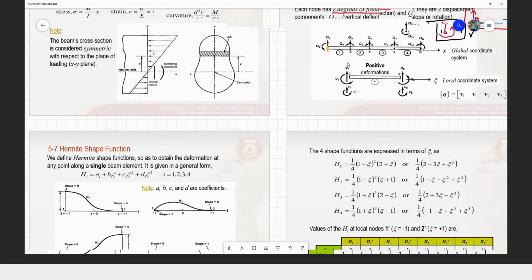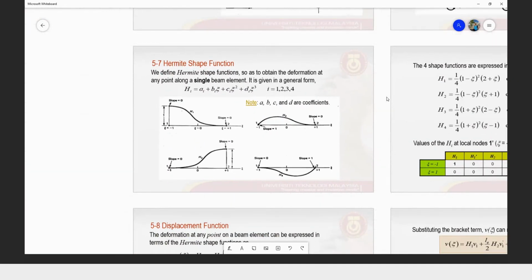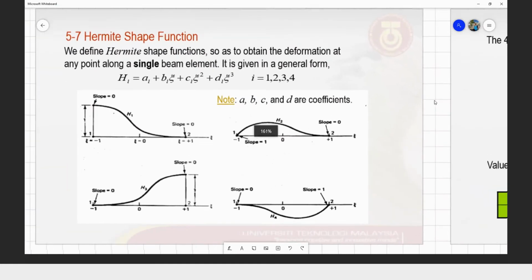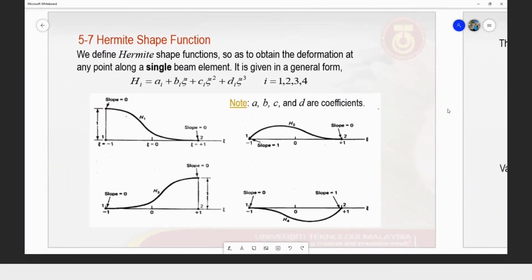Now let's relook at the... Okay, now we come to the shape function. Kalau dalam beam, kalau dalam plane trusses, kita assume the deformation of our structure from one point to another is linear, kan? Linear.